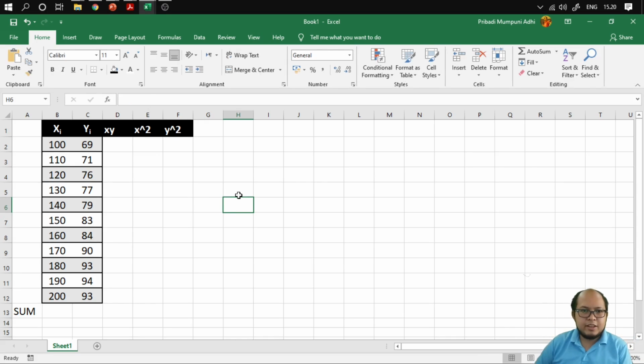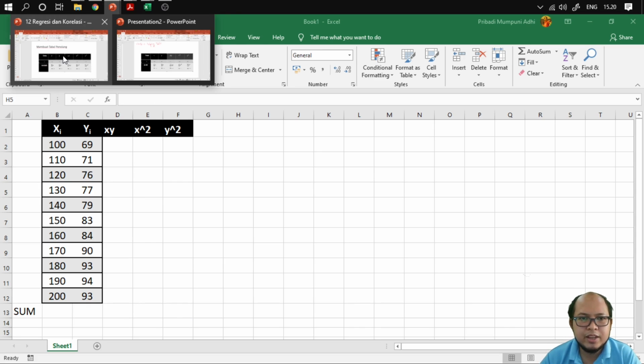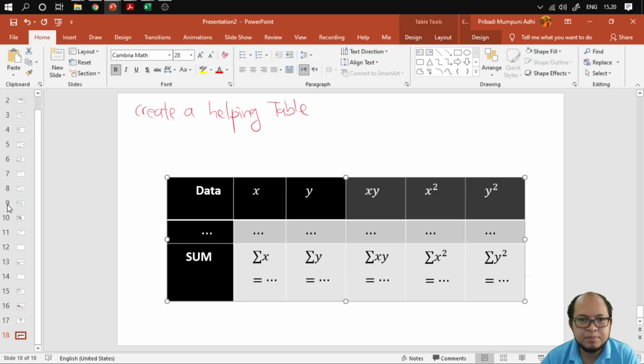Okay, we have the x square and y square, because here we will have the formula from the linear regression. We have the formula, this one.